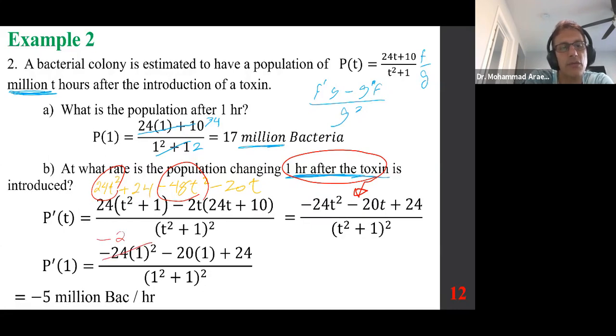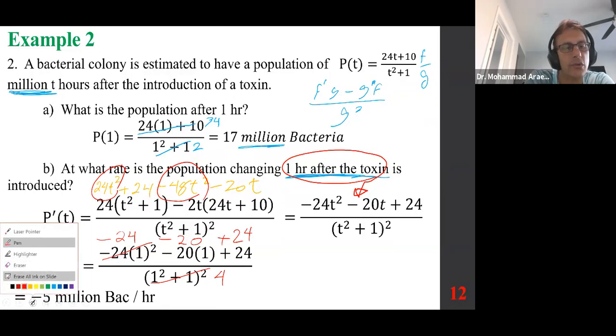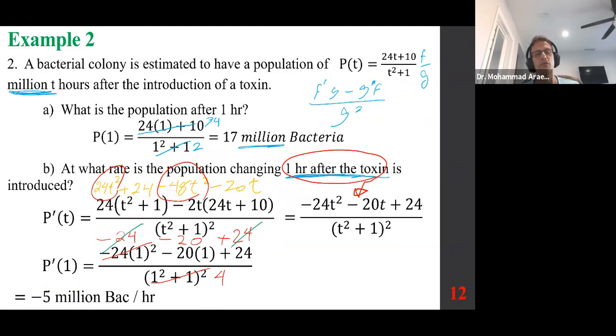This is negative 24. This is minus 20. This is plus 24. And this is 2 squared or 4. Negative 24 cancels out positive 24. Negative 20 over positive 4 gives us negative 5.